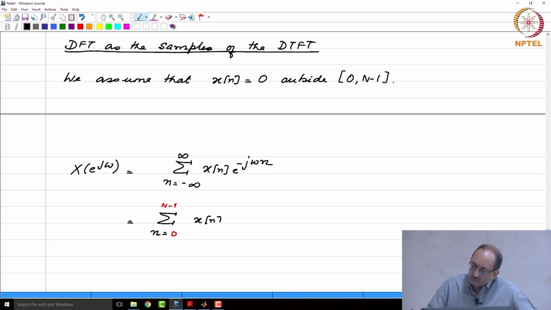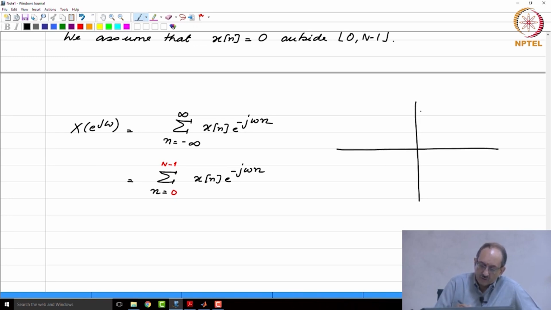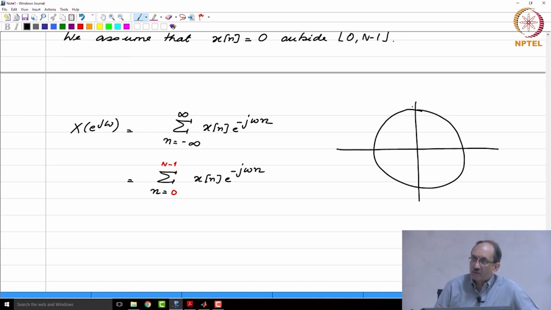So, you have x of n e to the minus j omega n, and we know the interpretation of the DTFT. You can think of the DTFT as evaluating the Z transform around the unit circle.